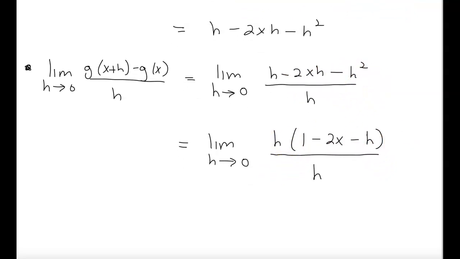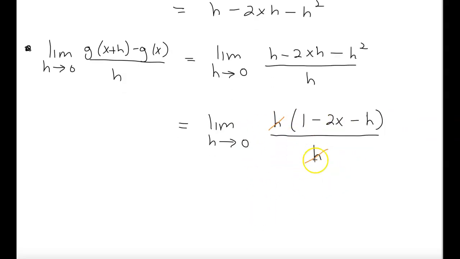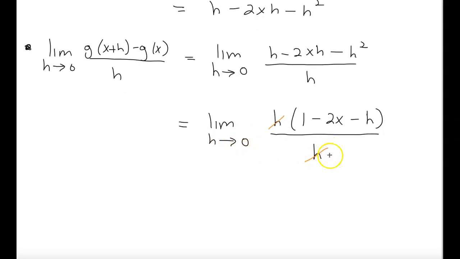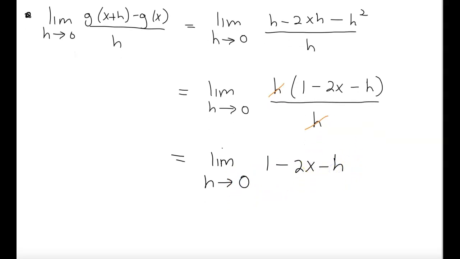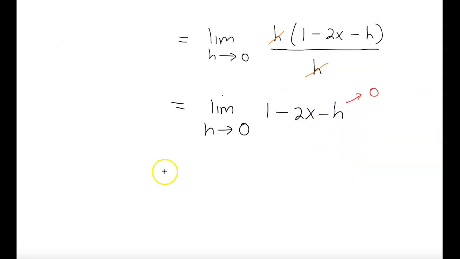So now I can divide out these h's, and now I won't have that 0 in the denominator when I try to plug in 0. And so we'll have this limit, which will allow us to directly substitute 0 in now for h. So as h goes to 0, we have 1 minus 2x minus h. Hey, that's nice. We know h goes to 0, so we don't even need the limit anymore.